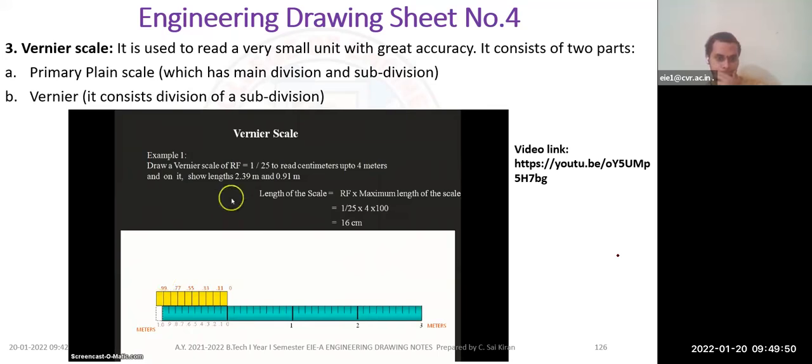Take this 0.99 and subtract from this value. So 2.39 minus 0.99 means we get 1.40.